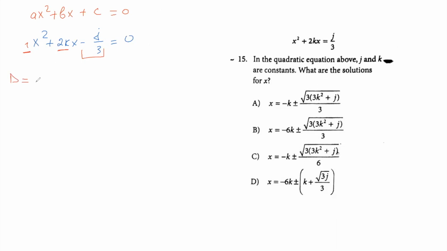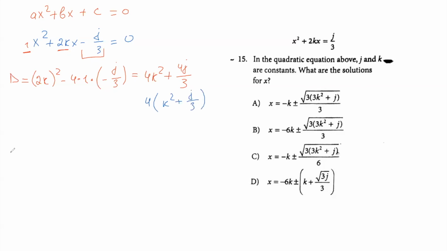Discriminant is b squared minus 4 times a times c. So it means it is 4k squared plus 4j over 3. Can we write it as 4 times (k squared plus j over 3)?